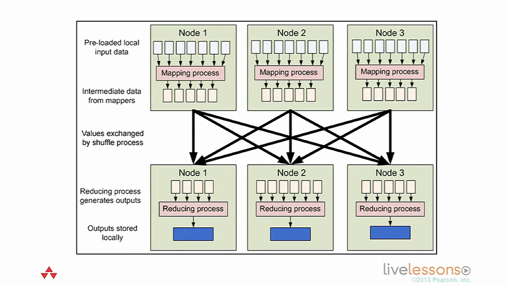So the actual shuffle depends upon where jobs are placed and is very dynamic and happens at runtime depending upon the load that's hitting the cluster. So once all the mapping is done and all the key value pairs get pulled down into the reducing process, it finishes and creates the output.